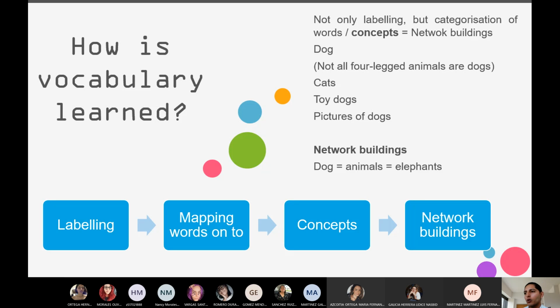This is what Piaget stated when he was referring to assimilation of knowledge. First, you have the word dog, okay?